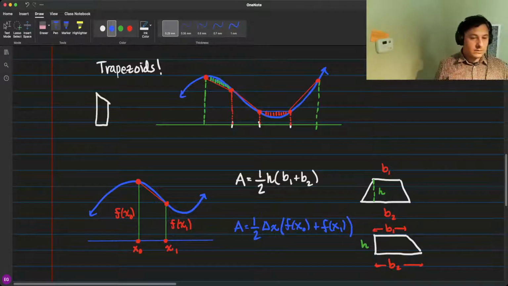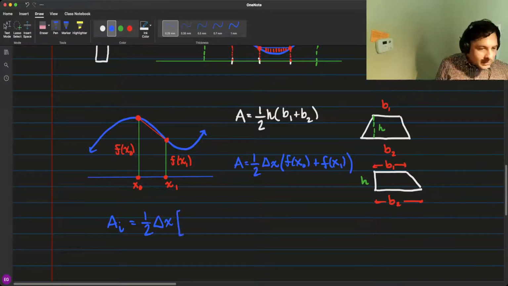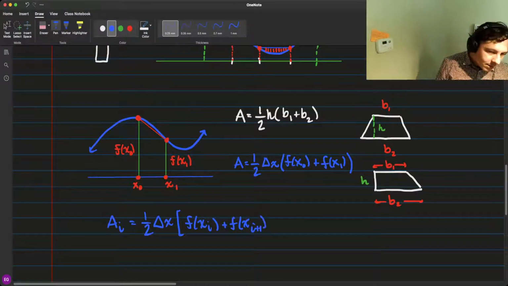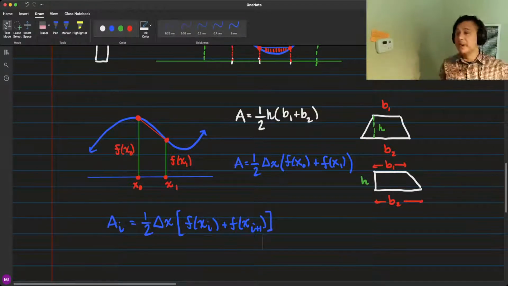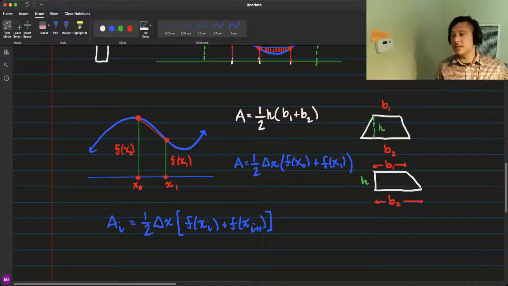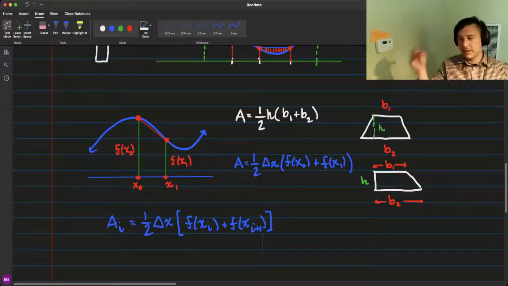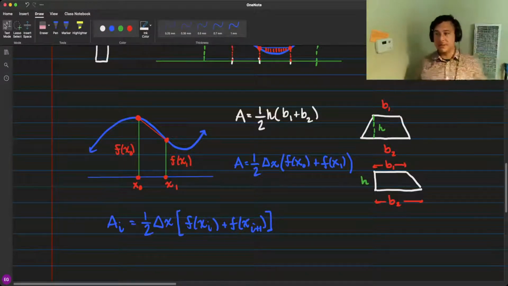So we get a formula: A_i is going to be 1/2 of delta x times f of x_i plus f of x_(i+1). Right, because you're going to have a bunch of trapezoids. Remember how we did this with all the previous examples when you would set up the estimation? You would get a formula for the area or the volume or whatever in each of the little pieces.